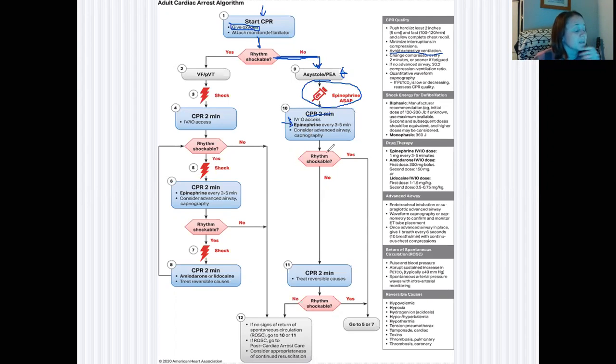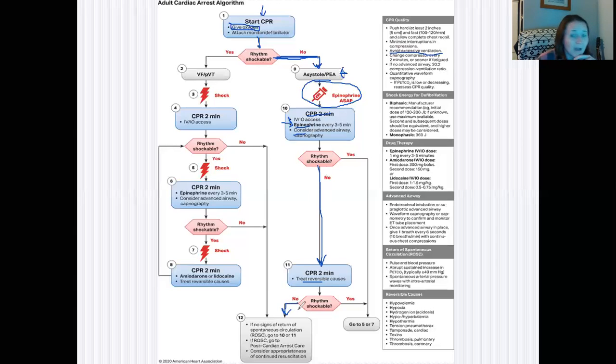Every 2 minutes. So the difference here, we can't shock this rhythm, right? So literally, let's go on down this algorithm. We've got epinephrine, consider advanced airway and capnography, so getting that ET tube in. And then if it remains a non-shockable rhythm, CPR for 2 minutes and treat reversible causes.